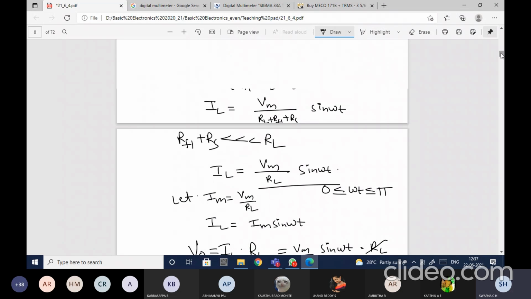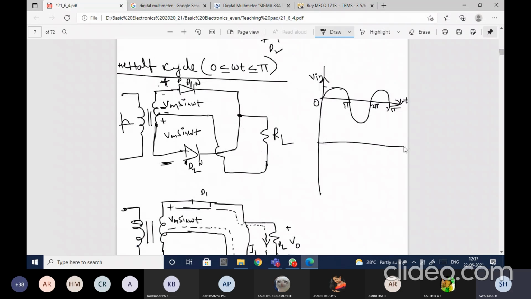Now I need to plot the output waveform. Since I have analyzed only the positive half cycle, let me take from 0 to pi. This is 2 pi, then 3 pi, and so on. First let me plot IL, which is Im sin omega t.